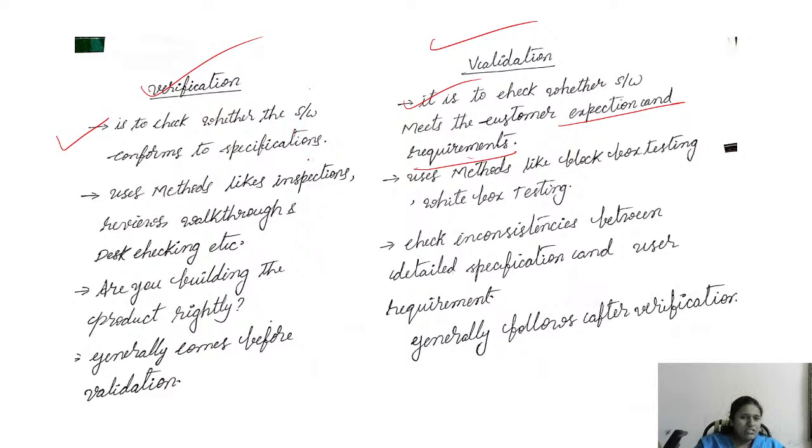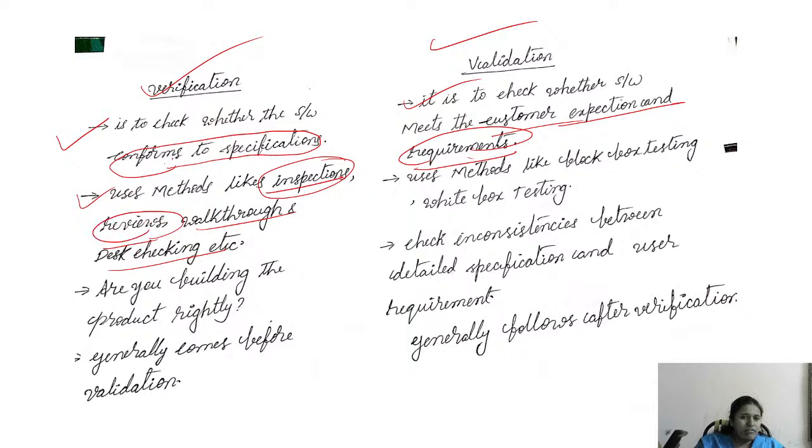In verification, we just check whether the software conforms to the specifications. In the validation phase, are we meeting the customer expectation and requirements? Second point: verification uses methods like inspections, reviews, walkthroughs, and desk checking.